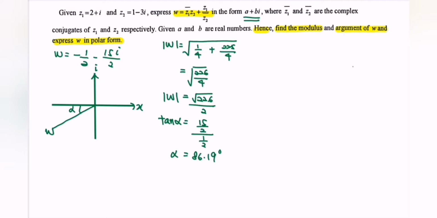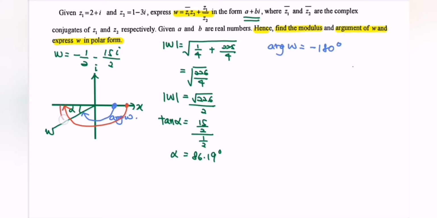Next, what we have to do is find the argument of w. Here will be the starting point, and this one will be the argument of w. So the argument of w is equal to negative 180. Why negative 180? Because from here to this part is negative 180 degrees.